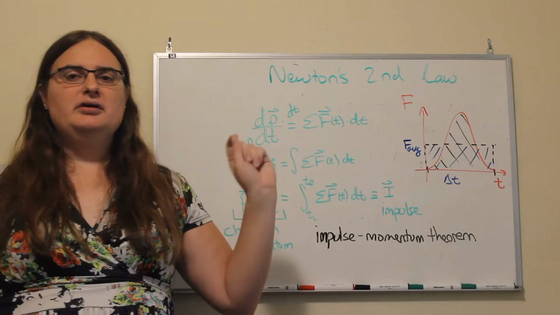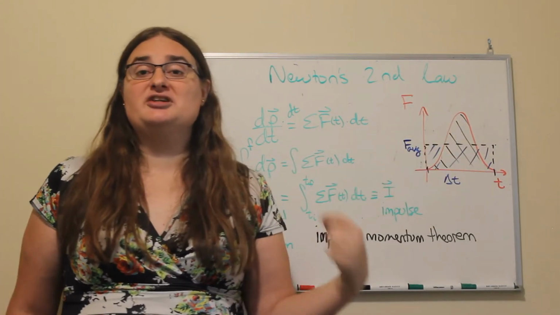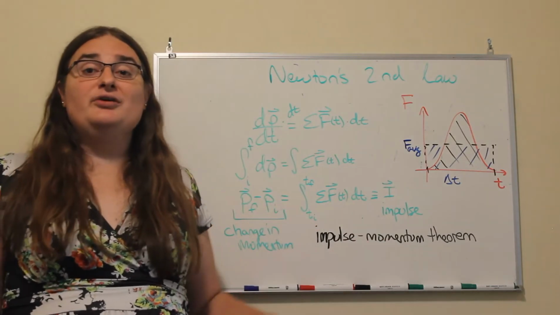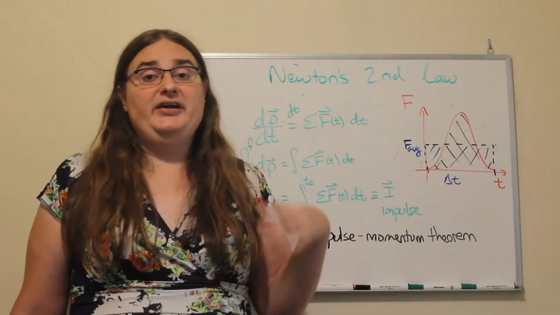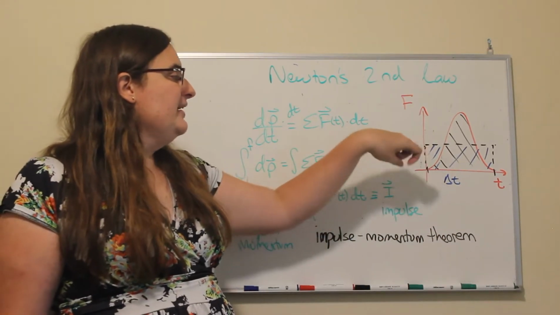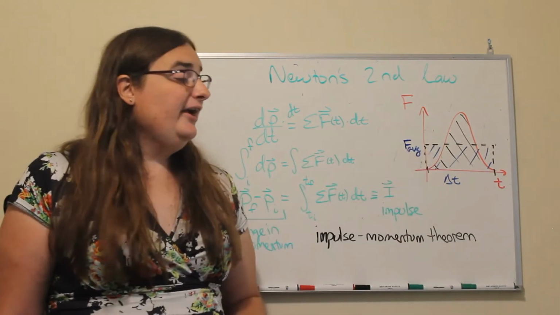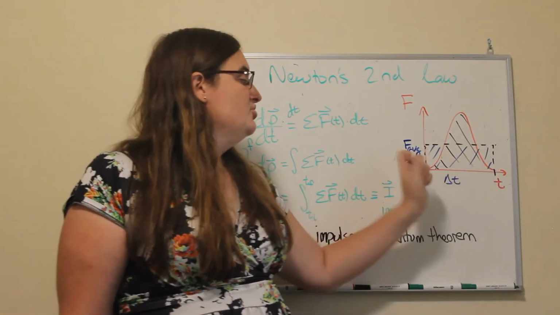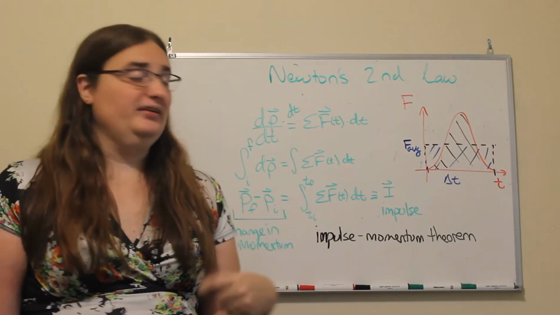But if you could actually map out that force as a function of time, because it would be a well-defined force, then you could calculate the area under the curve, the integral, and that would allow you to express an average force based on that area compared to the total change in time where that force is acting.